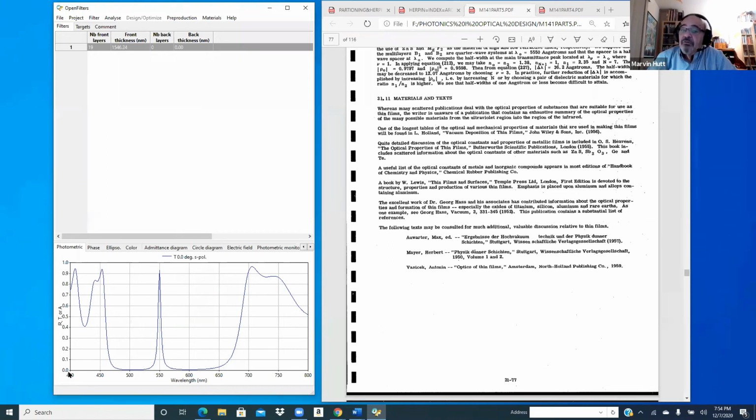The blocking from 400 to 500 is density 4, and the blocking from 600 to a micron is density 6, all right? So that you would know how much of this noise is getting into your experiment.